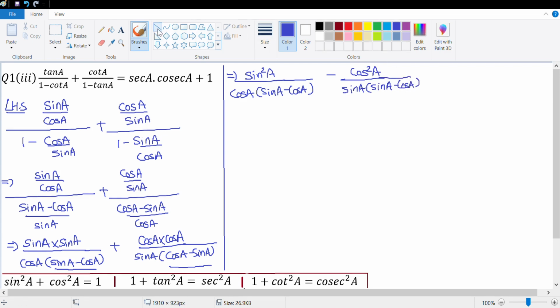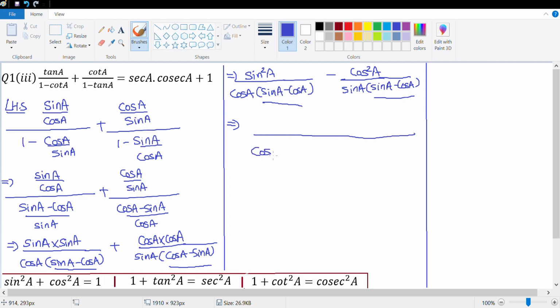Now my denominator for both these terms is equal, so the LCM is the same. Now let's just, no, the LCM is not the same. This term is equal to this term, so my LCM now would be cos A dot sine A minus cos A. Perfect.